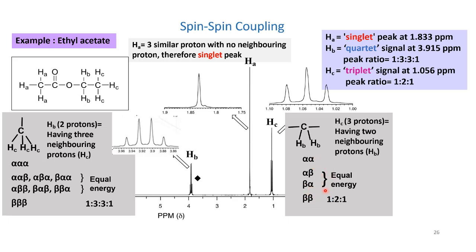Alpha alpha and beta beta will require very high energy, and alpha beta and beta alpha will have equal energy. So there will be 4 peaks: one, two, three, four. And the intensity will be, sorry, 1, 3, 3, 1 basically.